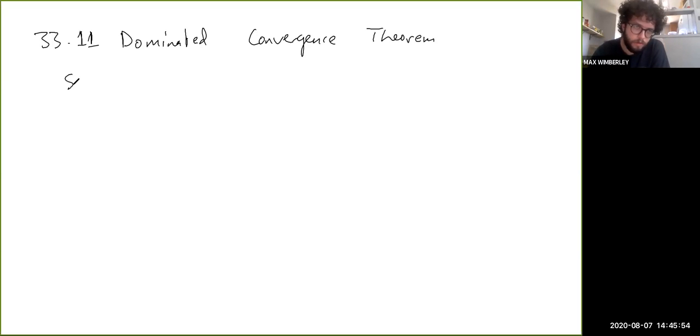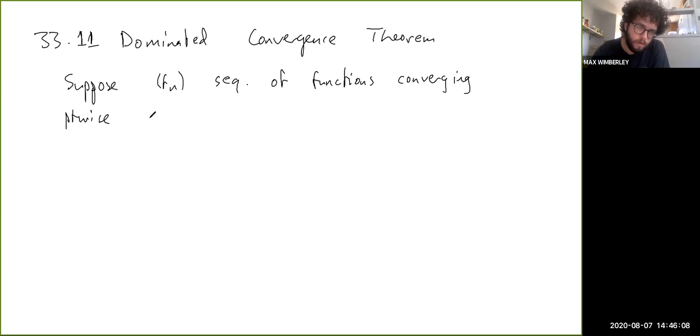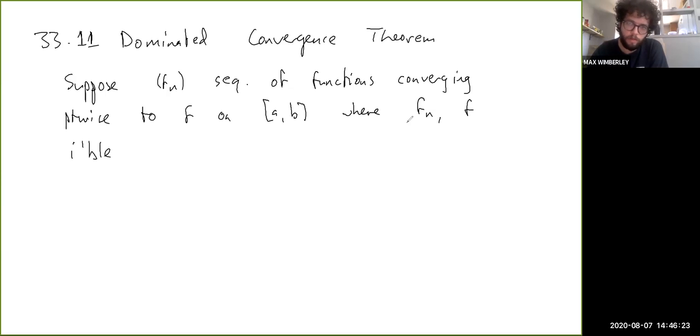So suppose Fn is a sequence of functions converging pointwise to F on AB, where Fn and F are integrable, so all the Fn, right, and F are integrable.